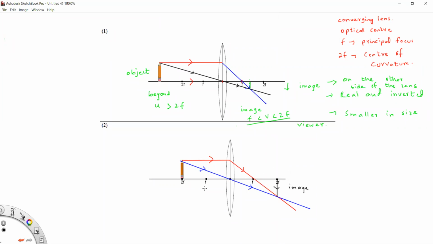As you can see now, you can name the characteristics of the image. First, real and inverted. Second, equal in size. Am I right? Third, if your object is at 2f, your image is also at 2f.